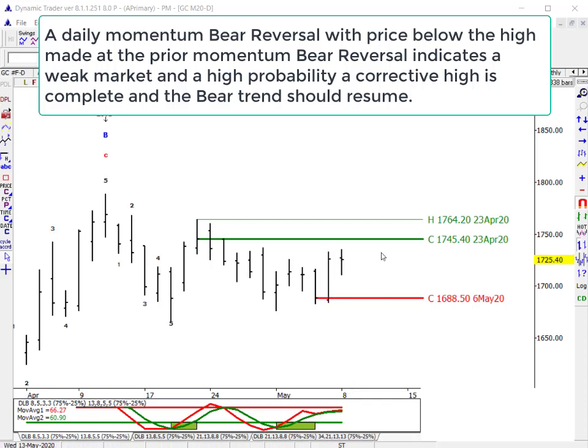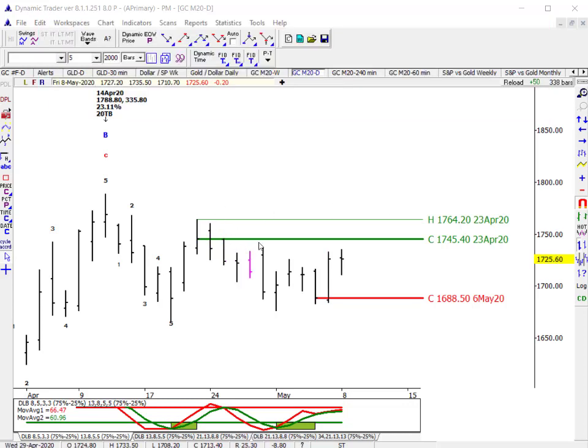So for instance, in this case, if we were to make a daily momentum bear reversal, and the gold market had not closed above 1745.40 or traded above 1764.20 intraday, that would be really weak, because we have fairly reliable reversals in the daily momentums.